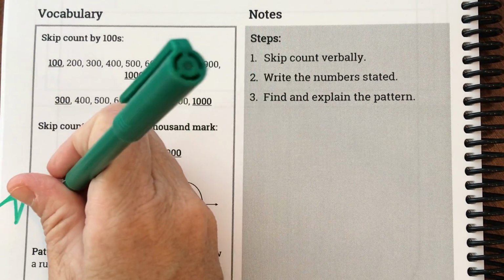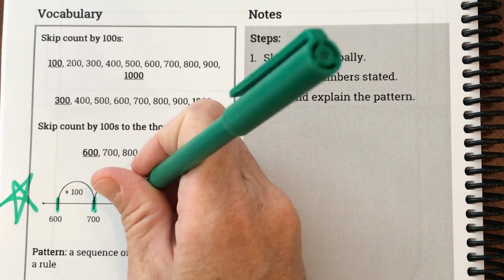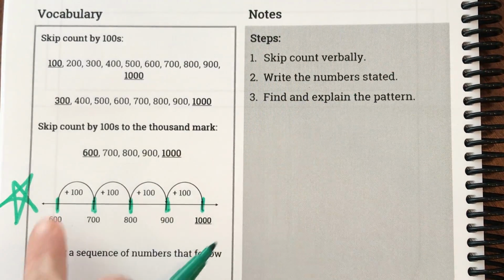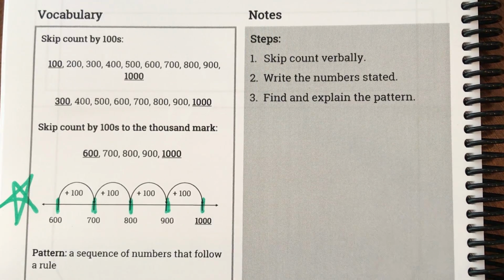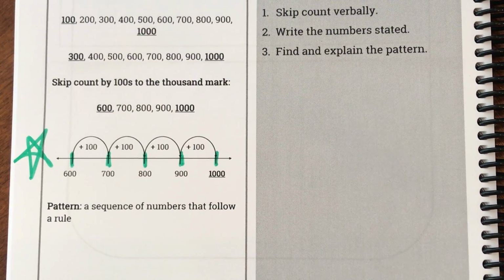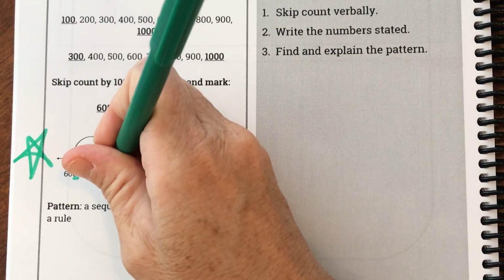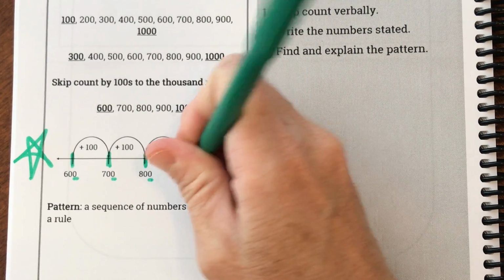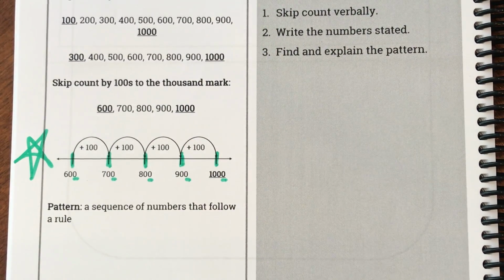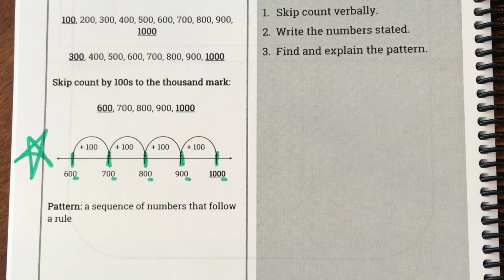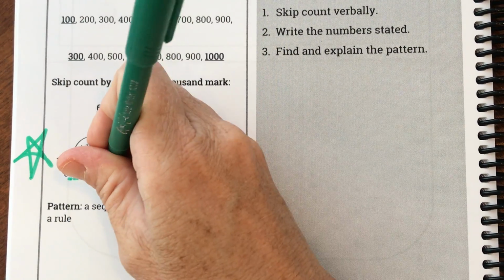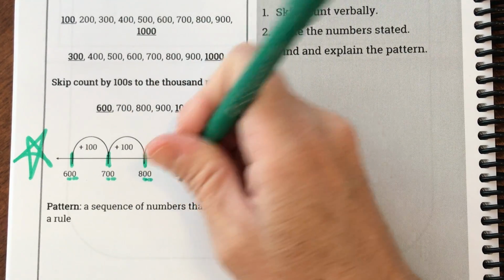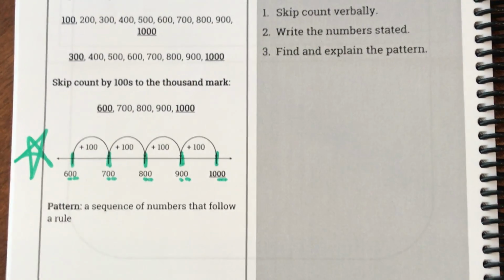Now remember, even though it was squished, when we write our numbers, we try and write our numbers underneath these dashes. Okay, and what's our pattern this time? Look at our ones place. We still have all zeros in our ones place. Let's look at our tens place. In our tens place, we have 0, 0, 0, 0, and 0 again.